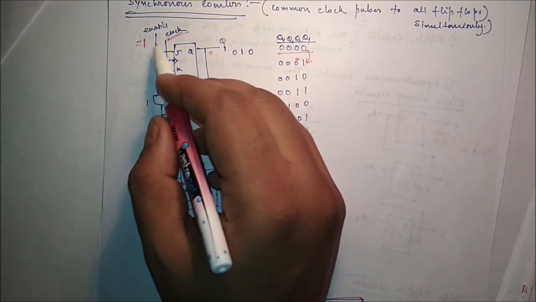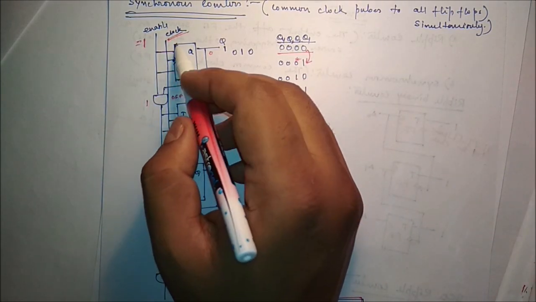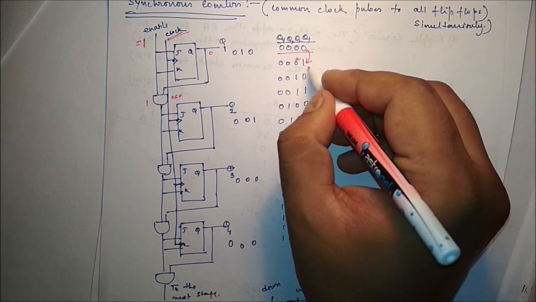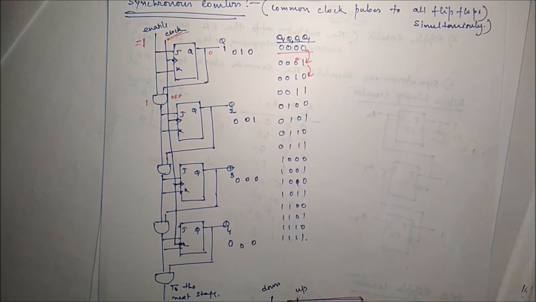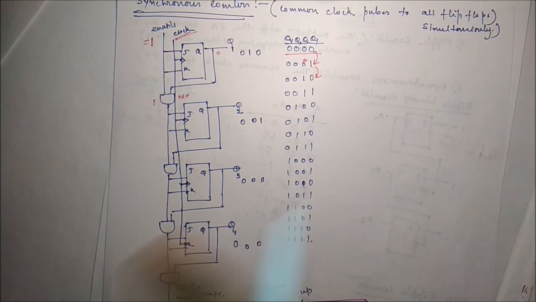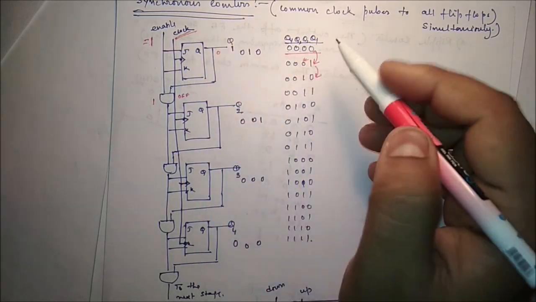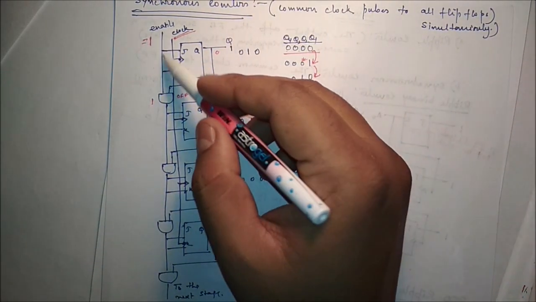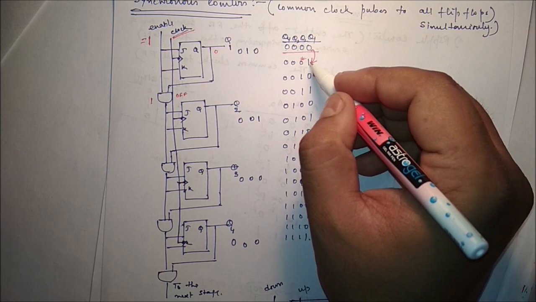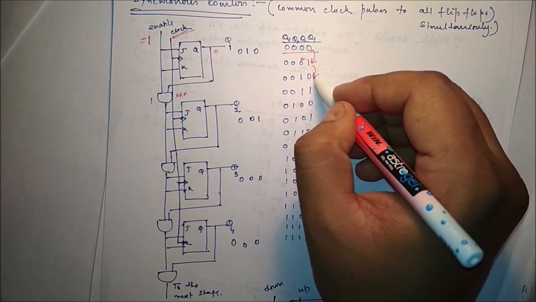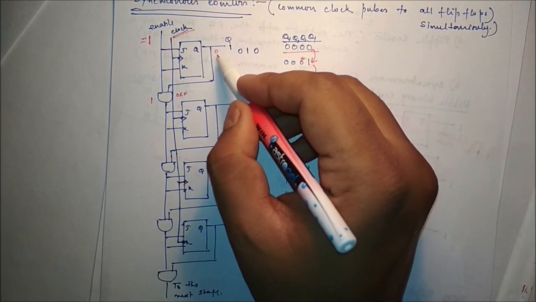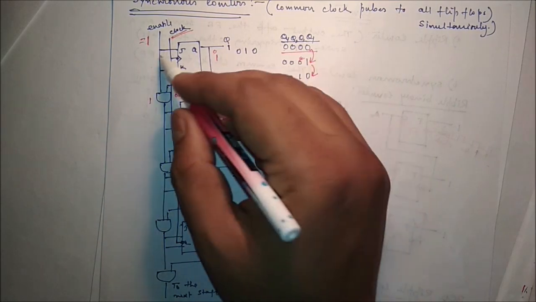Now if you apply the second clock pulse, and it is still enabled, it will move from 1 to 0. Enable is always 1. Since it was 1, and this one is 1, both are 1 1.